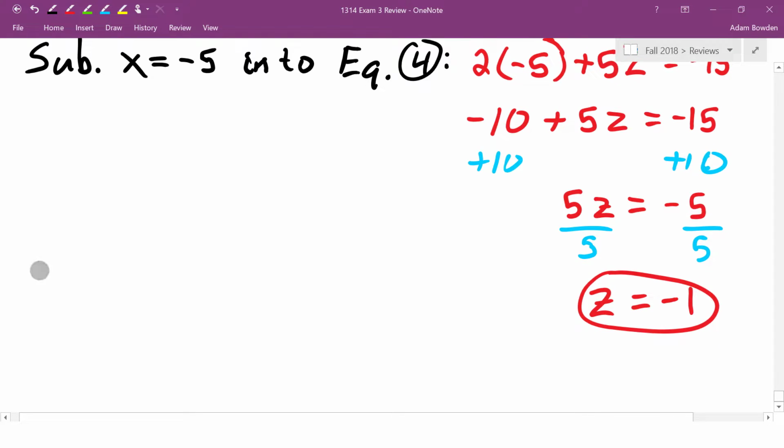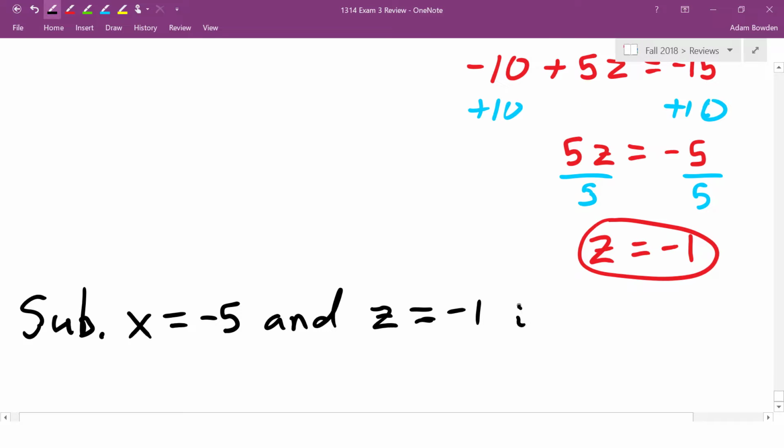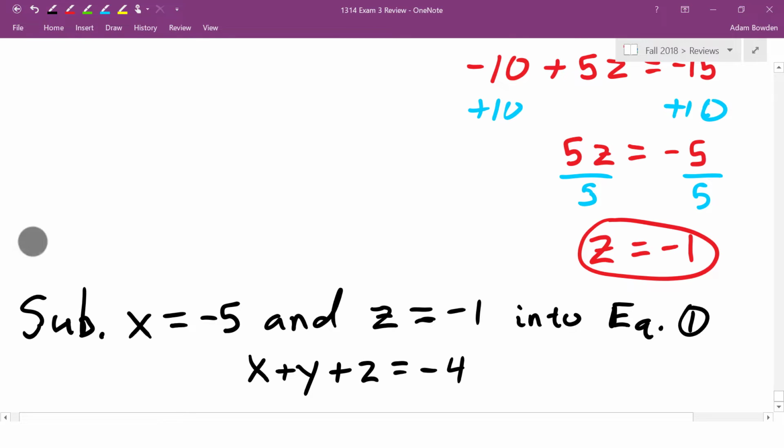Now we have both x and z. Now we can substitute into one of the very first equations. X equals negative 5 and z equals negative 1. I'm going to choose to use equation 1. For reference, equation 1 was x plus y plus z equals negative 4.